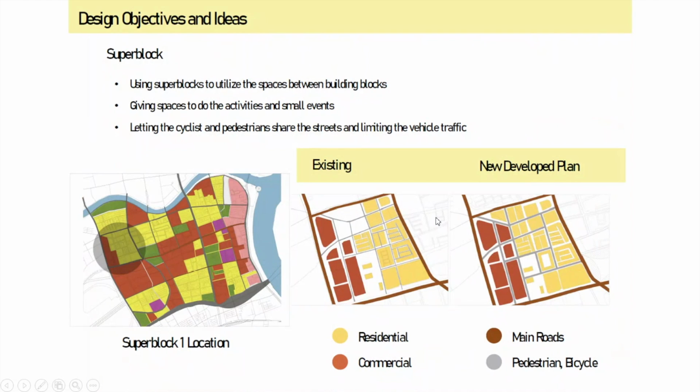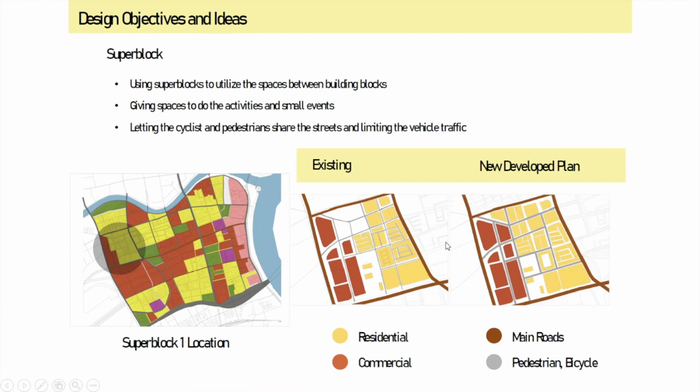So in my design project, I took this one area as an example for the superblock. As you can see in the existing plan, vehicles can access these small parts of the building block.